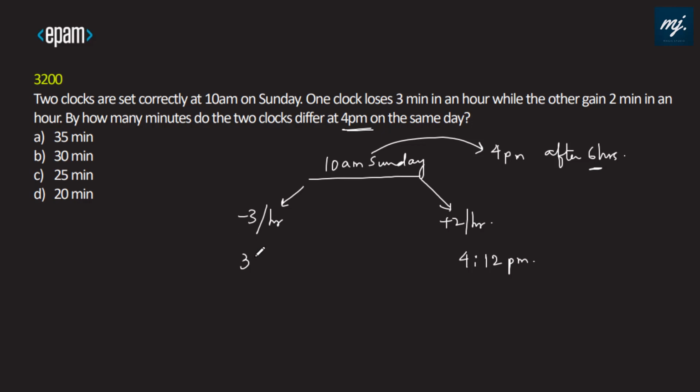It will show 360 minus 18, which is 3:42 PM. Then what is the difference? This distance is 18 minutes and this distance is 12 minutes. The difference is 30 minutes. Option B fits in.